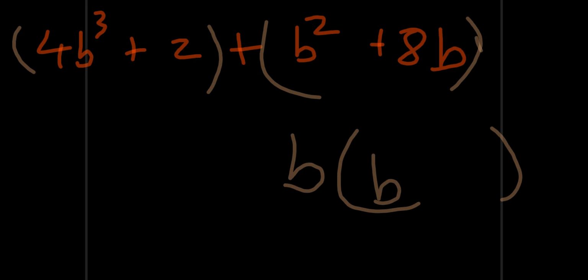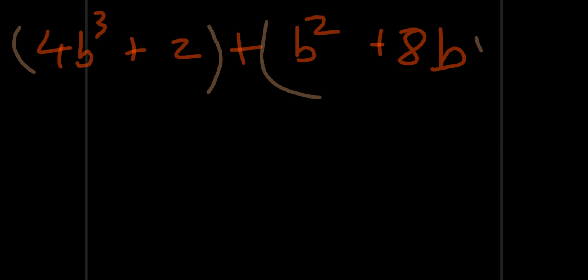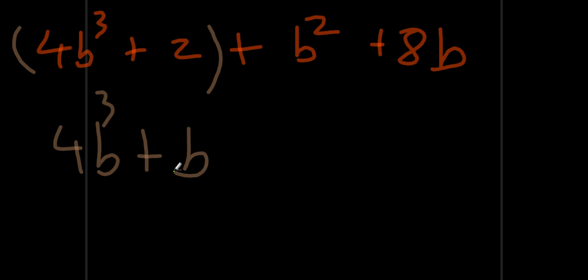And so as you look at it, we know that we should be doing some rearranging. So let's group terms that share common factors greater than 1. So we could say, okay, let's group 4b to the third plus b squared, plus 2 plus 8b.